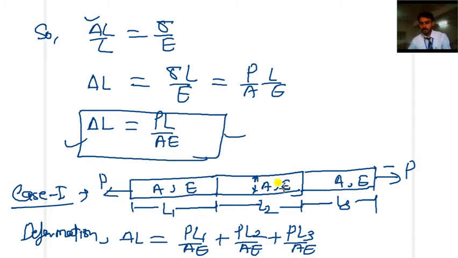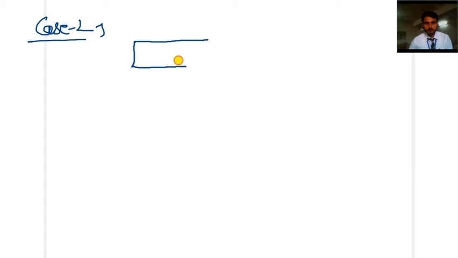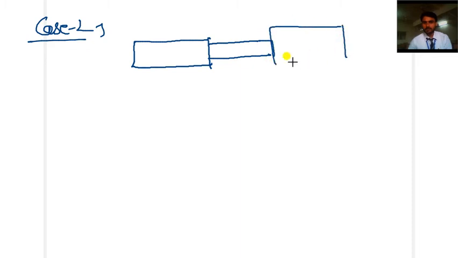And the second case, case number 2, if we have n number of bars in series connection of different diameter and different length. Suppose this is the second bar and this is the third bar.